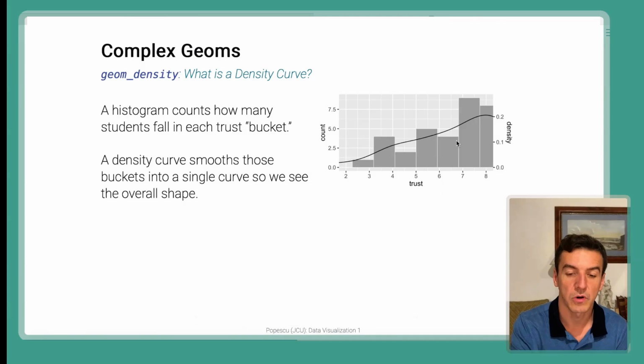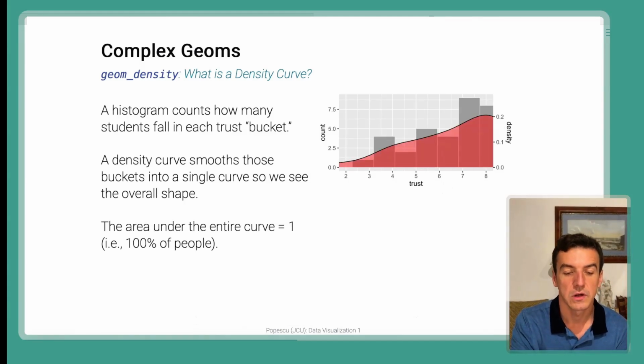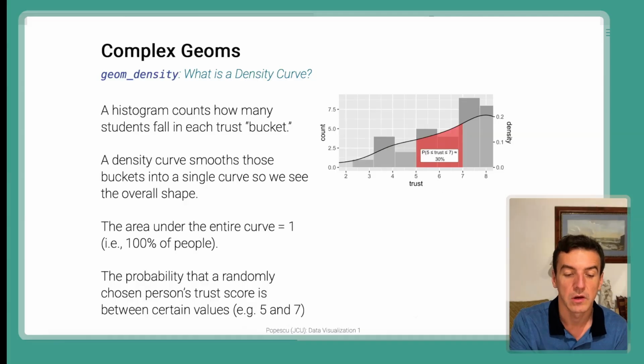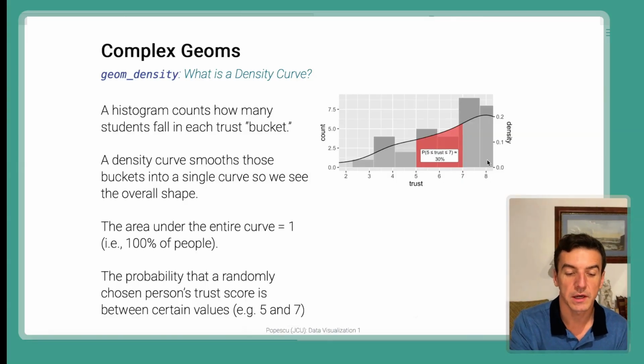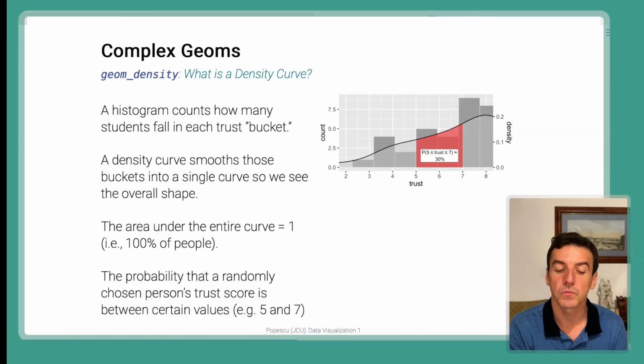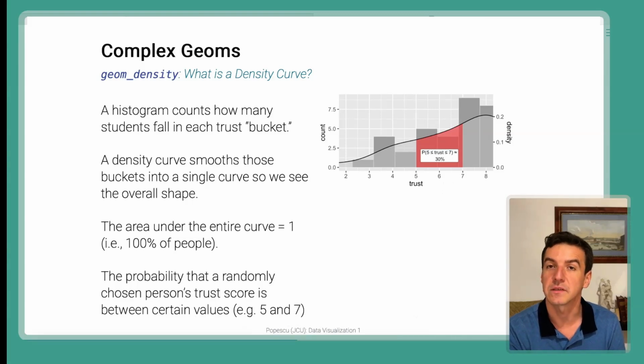Notice, for example, how this density curve aligns in a way with the columns. It's important to note that the area under the curve is equal to 1, so this represents 100% of people in our data. If we select specific sections, we can say, for example, that this area here is the probability that a randomly chosen person's level of trust is between 5 and 7.